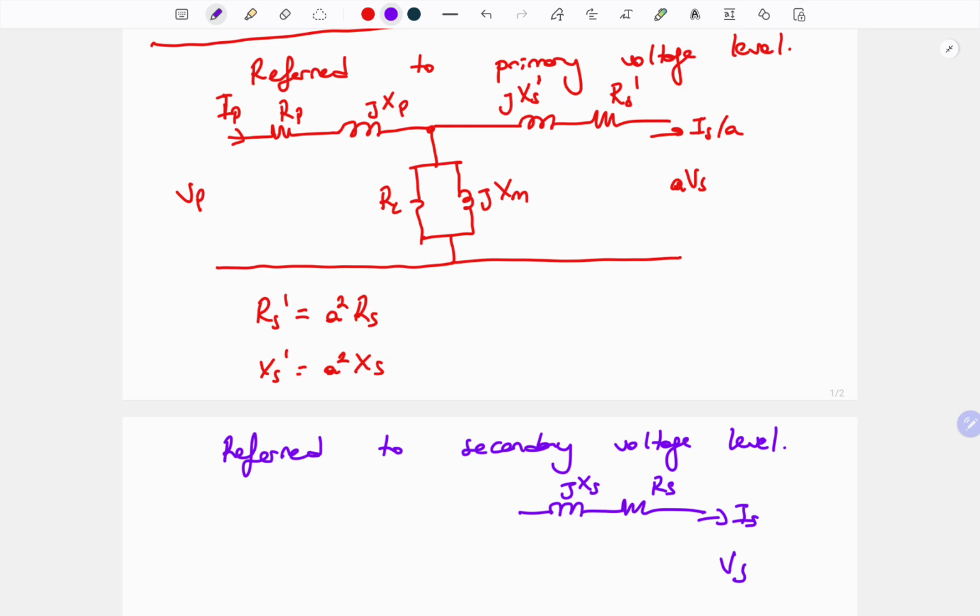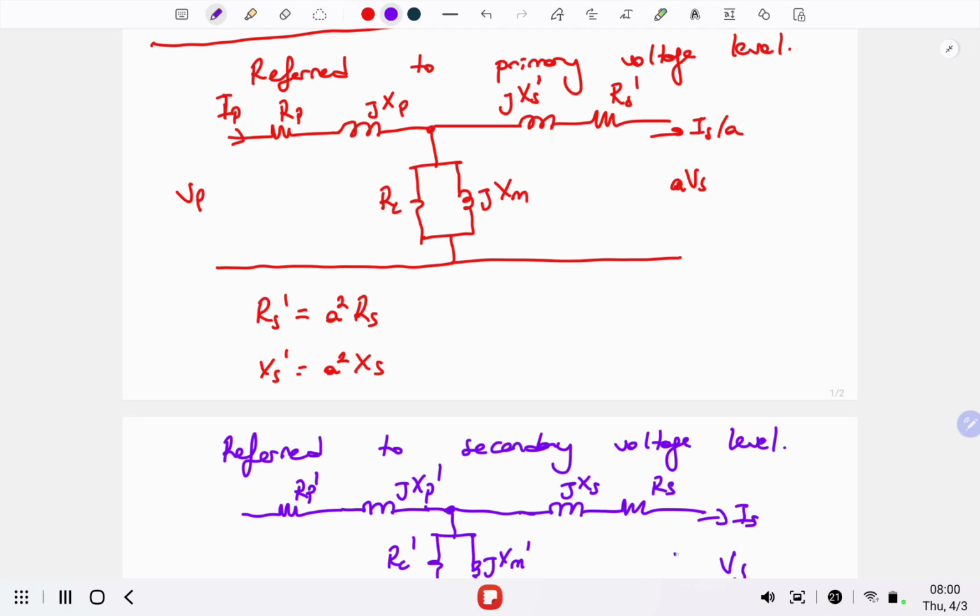Then we will refer our primary side components to the secondary side, so their values must change with respect to secondary voltage level. So because of this, we have RP prime, XP prime, and for the excitation branch, the parallel branch, we have RC prime and XM prime.